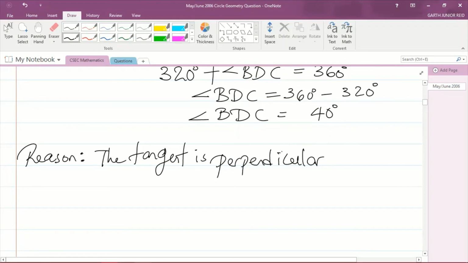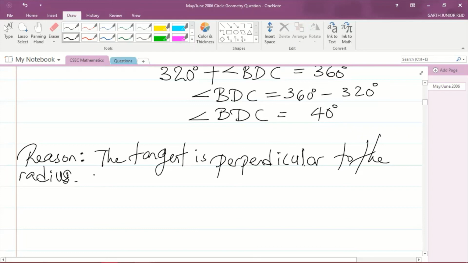All right, the tangent is perpendicular to the radius. All right, that's one of our reasons.